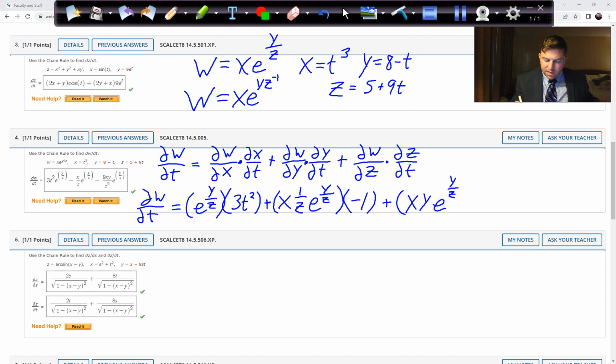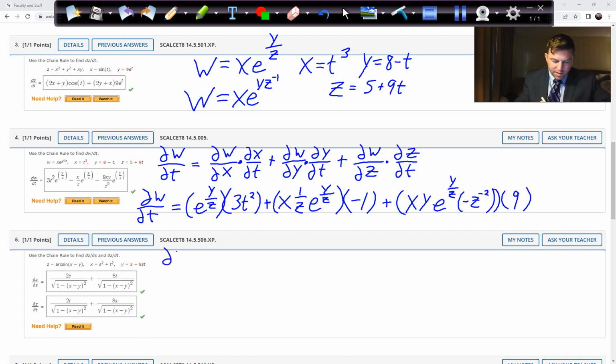But then we have to take the derivative of this z minus 1. So then it's times the derivative of z minus 1, which would be minus z to the minus 2. That's the hardest one in here. Then it's times the derivative of z with respect to t, which is just 9.